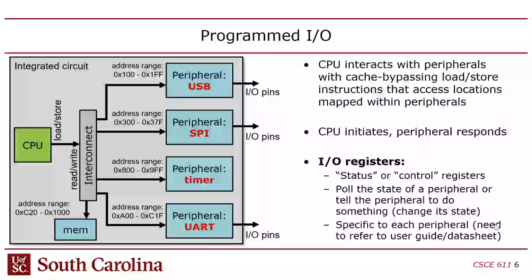magic numbers. So if you store or load from specific ranges of addresses in the system the CPU sits in, those loads and stores are intercepted and they don't go to memory, right?